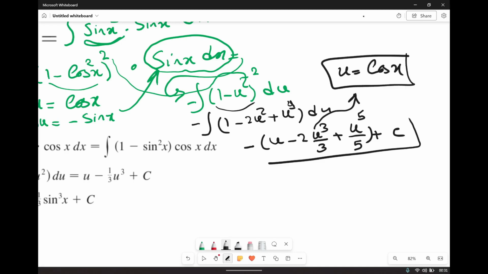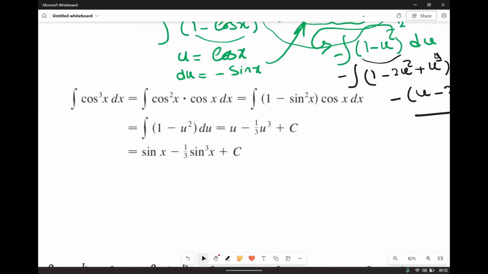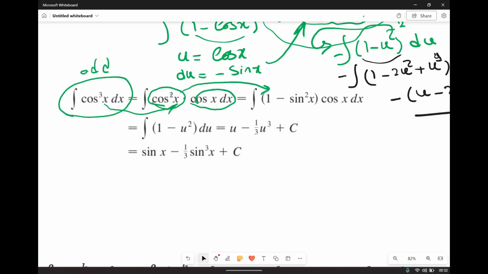I write this one and I'm not going to take your time. And yes, here, because it's an odd number, I split into cosine power 2 with cosine. But for cosine power 2, I write 1 minus sine power 2.